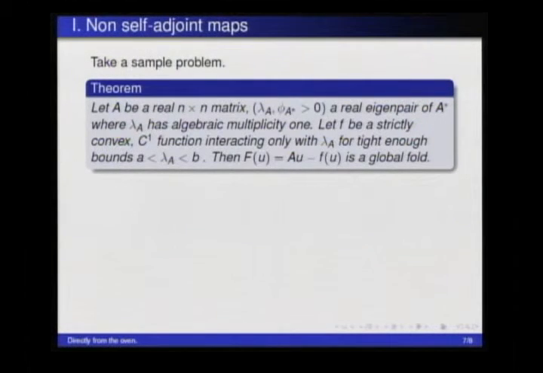Look at a simple eigenvalue and say that the eigenvector associated to the transpose is a positive eigenvector, okay? Then again, if your nonlinearity interacts just with this eigenvalue, this map here is a global fold. Of course, it's the usual business, right? Big deal, it's a matrix, okay?